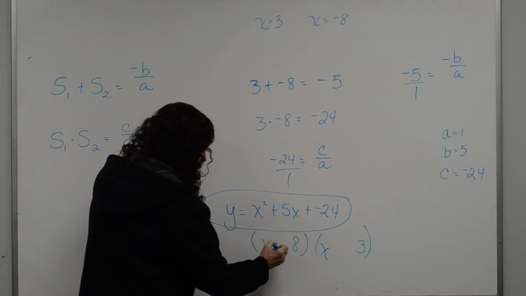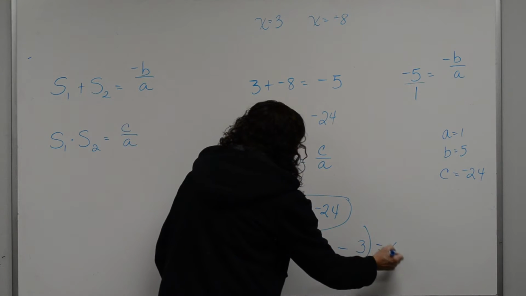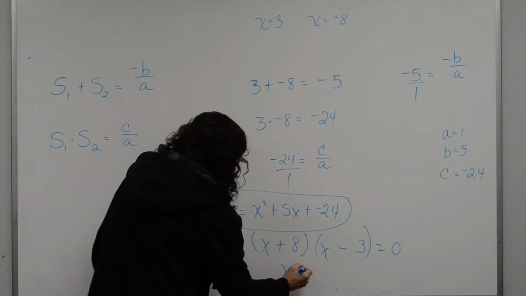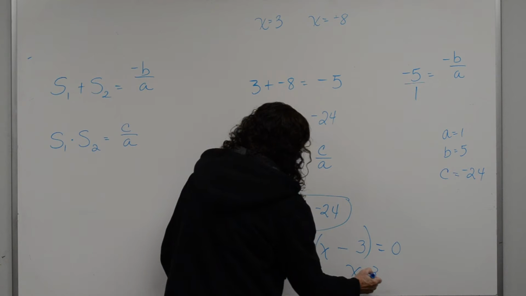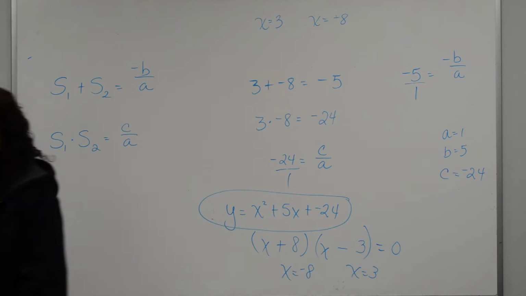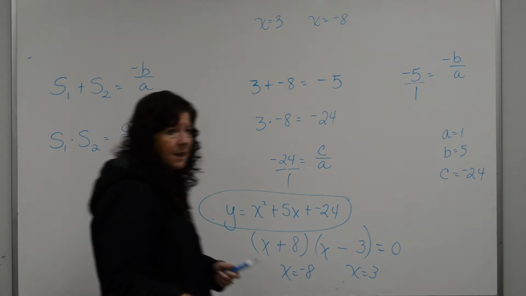I would have to have the 8 be positive and the 3 be negative. Set it equal to 0. x equals negative 8, and x is equal to 3. Pretty sure that's exactly what I have up there. It's kind of cool. It's just the concept that you can go backwards in this.